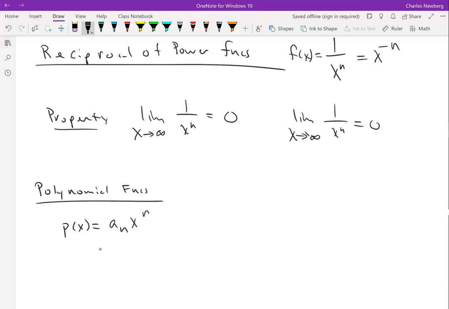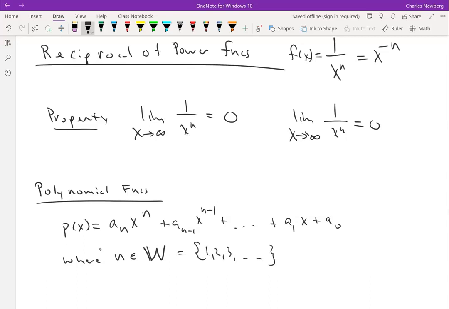So P of x equals a_n x to the n plus a_{n-1} x to the n minus 1 plus dot dot dot plus a_1 x plus a_0, where n is an element of the whole numbers, script W is the whole numbers. I'm going to tell you what the whole numbers are: 1, 2, 3, and so forth.